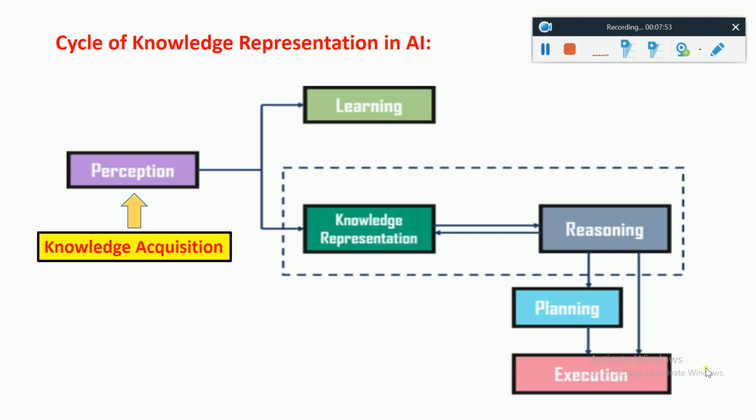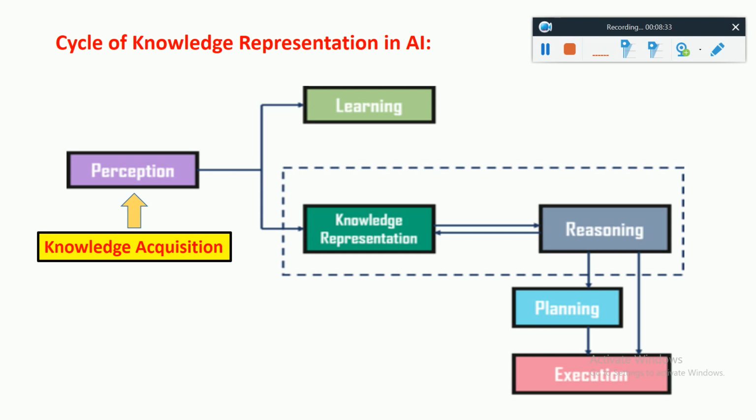The last components are planning and execution. These components depend on the analysis of knowledge representation and reasoning. The planning component provides the initial state, finds its preconditions and effects, and then produces the sequence of actions to achieve the state in which a particular goal holds.